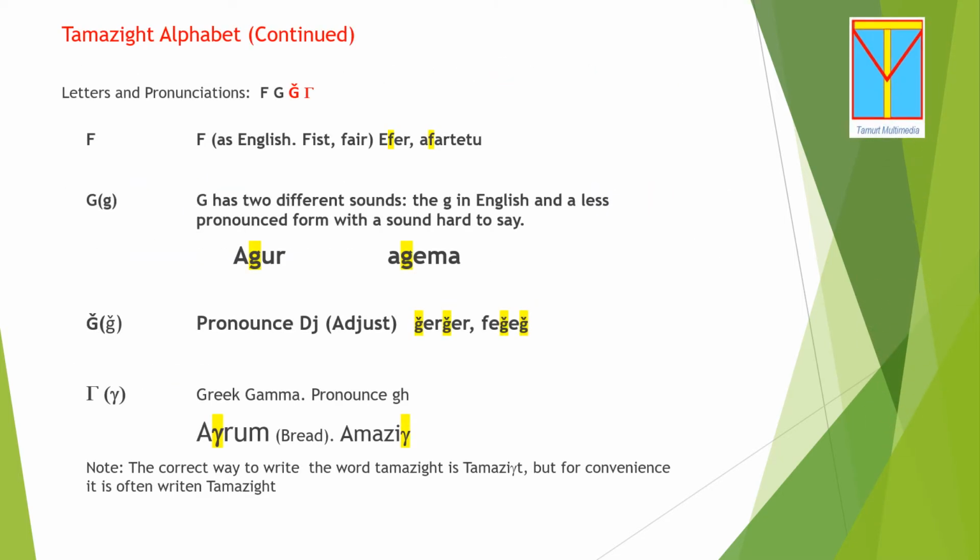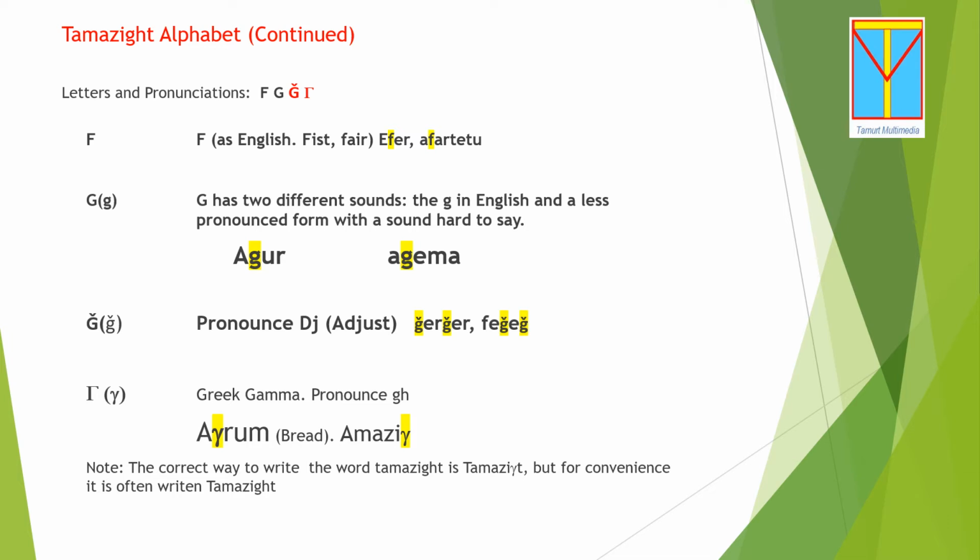The letters F, G or J, Ǧ, and Ɣ. F as in English, Afar, Afartaton. The G has two different pronunciations, the G and the J. So we say Agur, but we say Agima, depending on the context of the word.